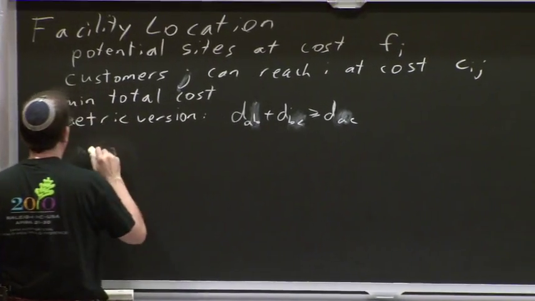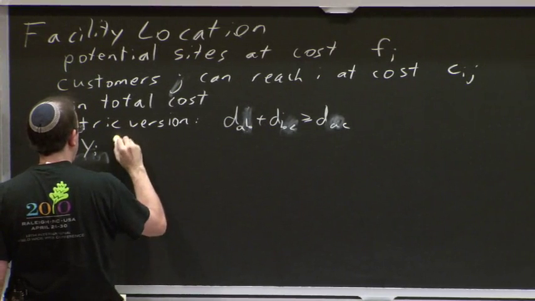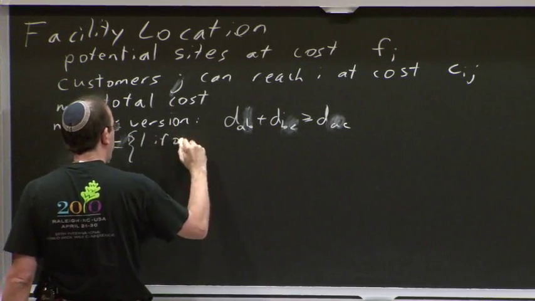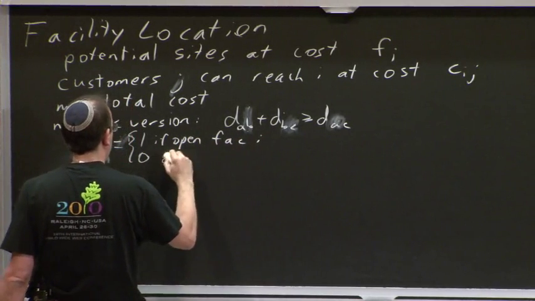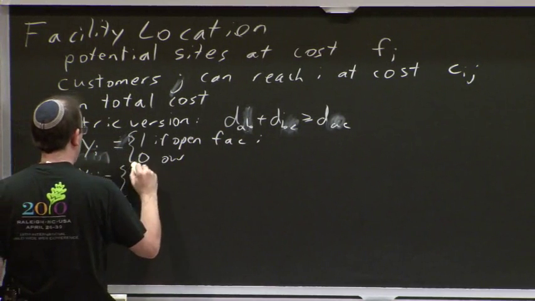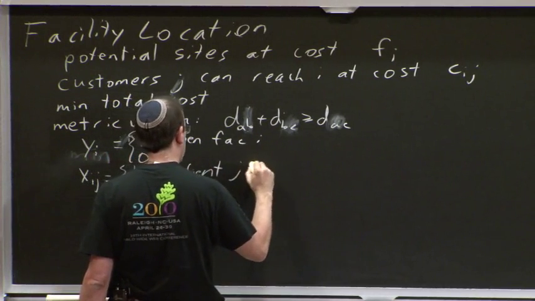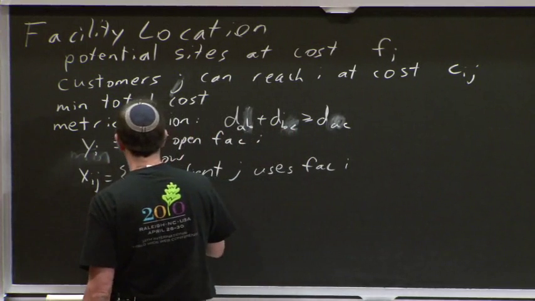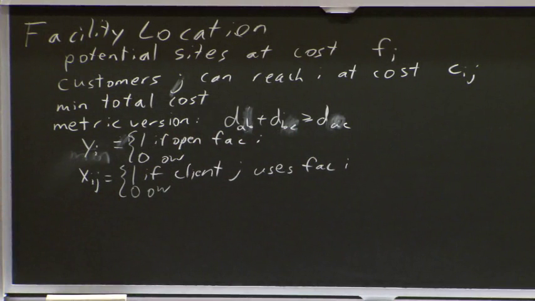So taking a hint from the vertex cover, let's write yi to be a variable that is equal to 1 if you open facility i and 0 otherwise. And let's xij be equal to 1 if client j uses facility i and 0 otherwise. Okay, those are the choices we have.